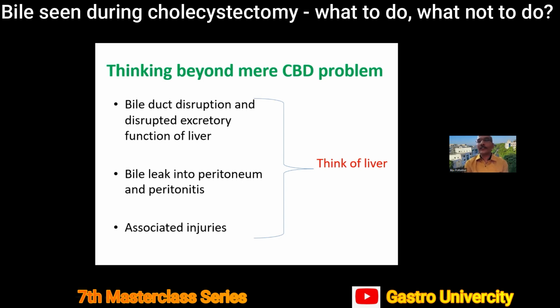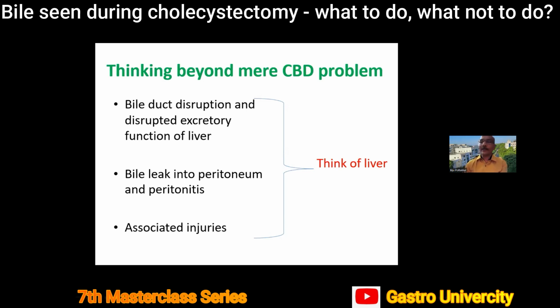We have actually injured the excretory outlet of the liver. There is a permanent traffic jam there, or a traffic jam can form, and bile is leaking into the peritoneum instead of the intestine. So it is not just like a common bile duct stone or other CBD problem. Rather than a CBD problem, we have now landed in a problem of the liver. So this is one of the important differentiations.